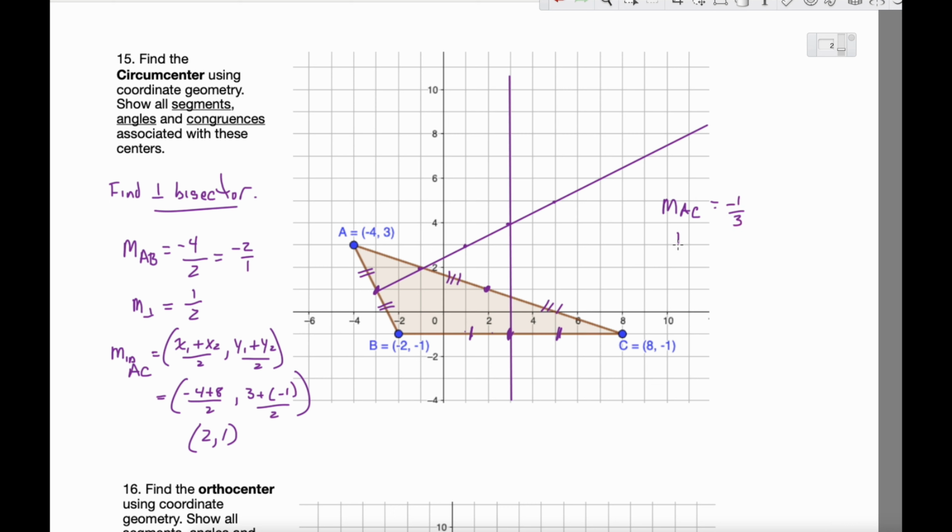We need the perpendicular slope to that, which is 3 over 1. So now I'm going to go from this midpoint and go up 3 over 1, up 3 over 1. And we've verified that these three now are intersecting right there. That's the circumcenter, and that point is 3, 4.